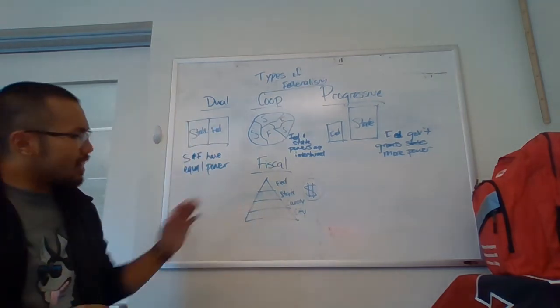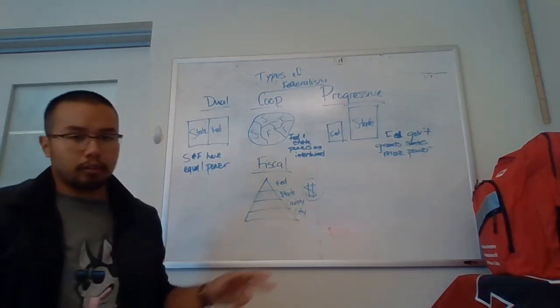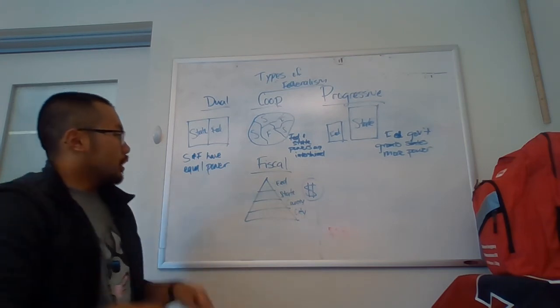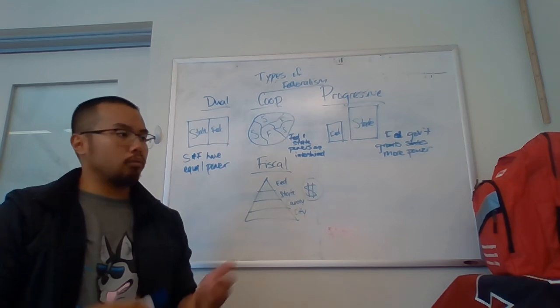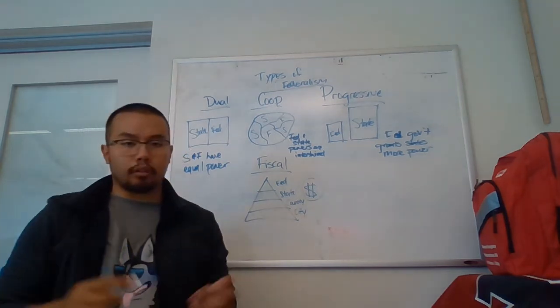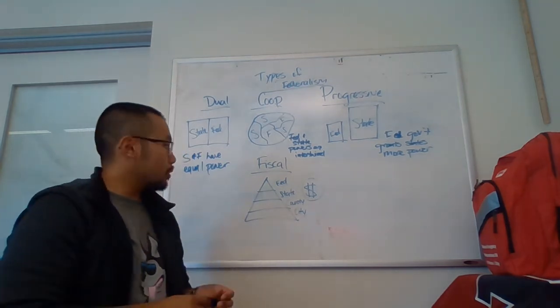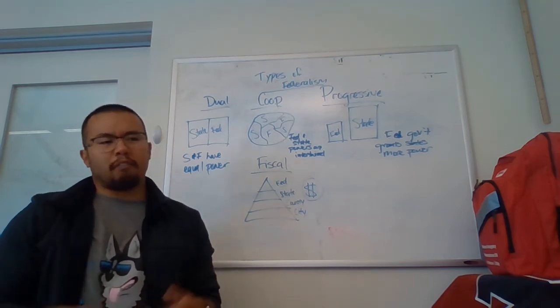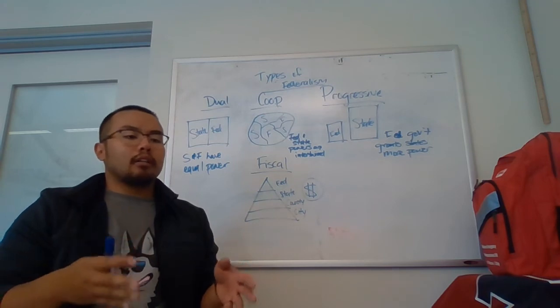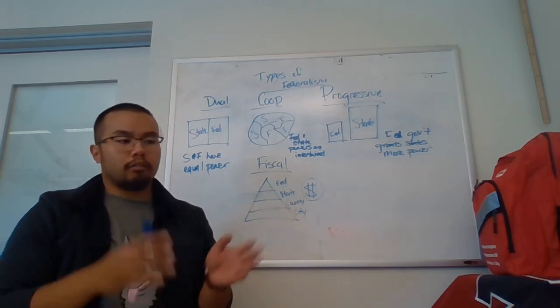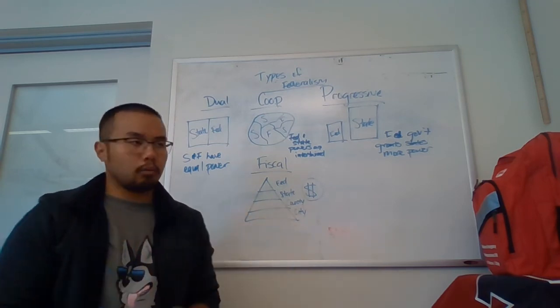Okay, the last one to go through is called fiscal federalism. If we break this down, fiscal just means money. If you ever read a book on business or heard something on a podcast, a fiscal year, they're talking about money made in a certain calendar of years, where they frame sales and whatnot.